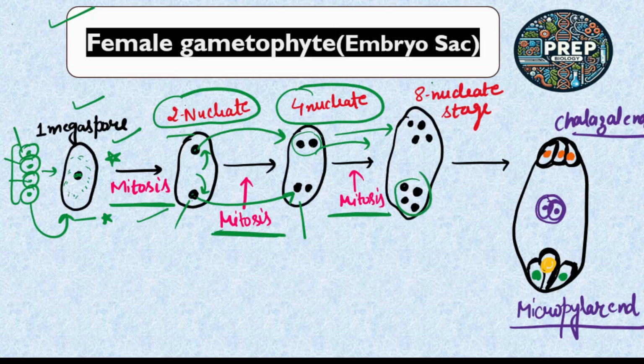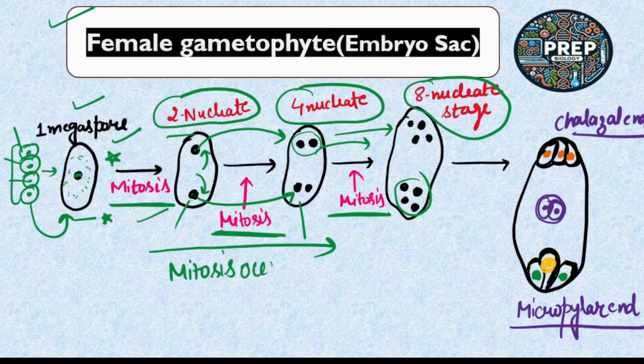So 4 plus 4, we have the 8 nucleate stage. So in the development of the female gametophyte, that is the embryo sac, mitosis occurs. This point is very important. Now we have the 8 nucleate stage.